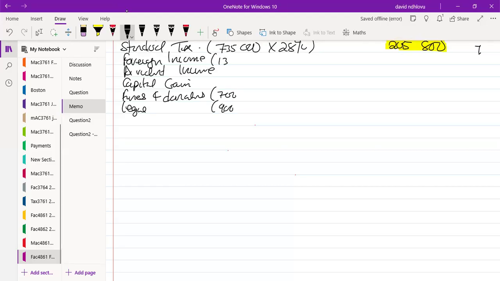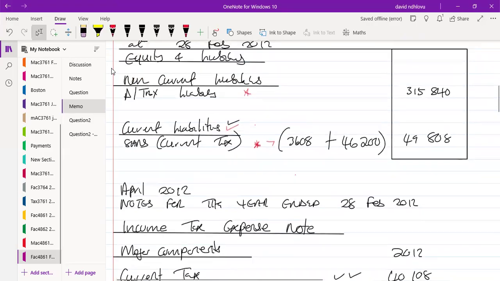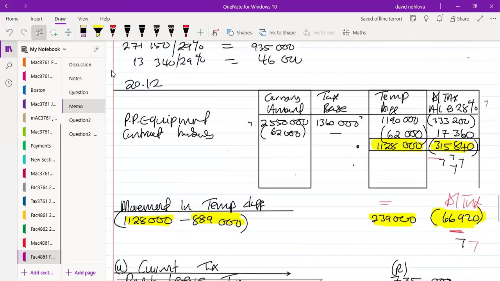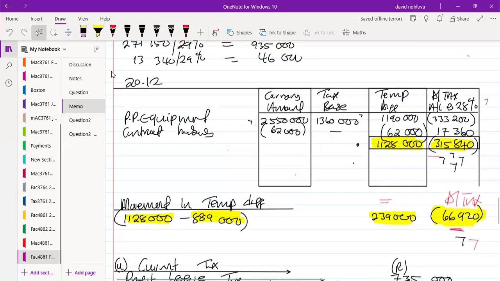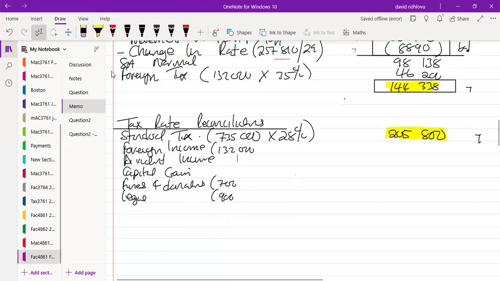This one I remember, 132,000. This one I no longer remember. I go and check here in my calculation. All right, so dividend 175, capital gain 42,000. So 175,000 here, and then 42,000 there.